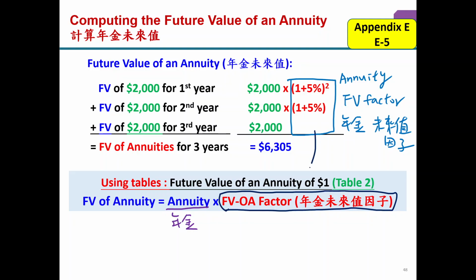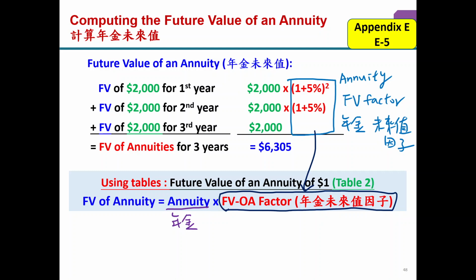is this part. Okay? So depends on you. You can do the job by yourself or look at accounting tables. And remember, based on the annuity 2,000, we're trying to find out the future value. So it's another table.